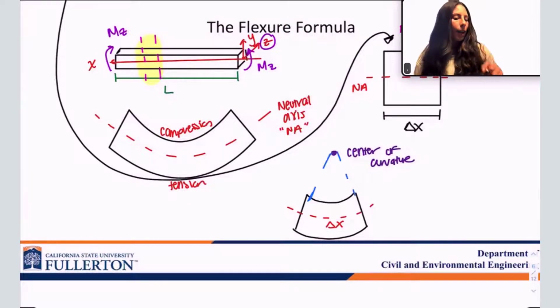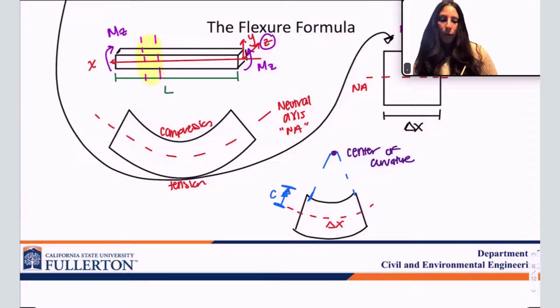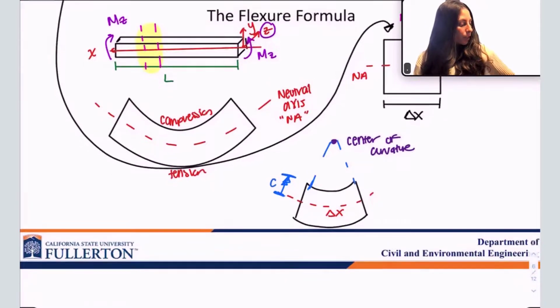We're going to define a value called C. I'm going to measure this value C from the neutral axis up to the very top of my element, the topmost fiber. So what is C?